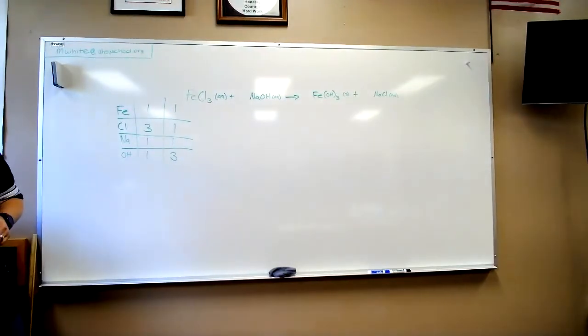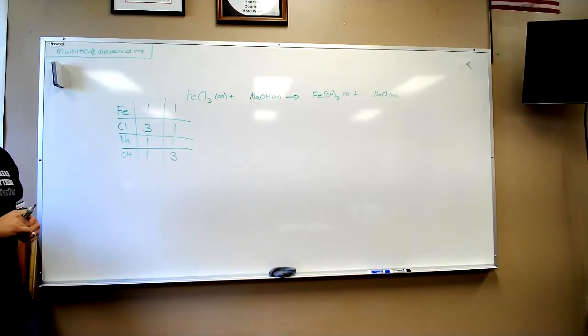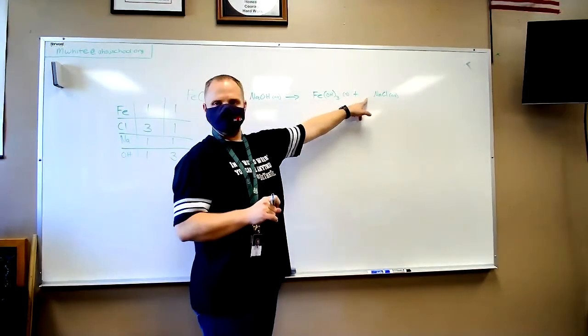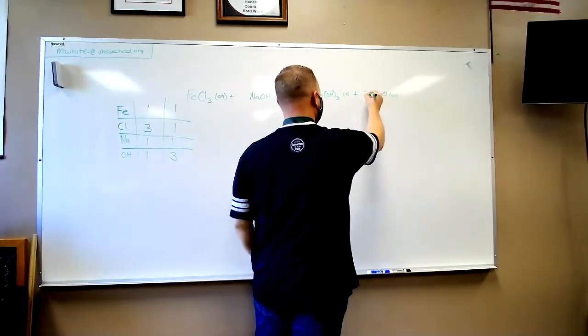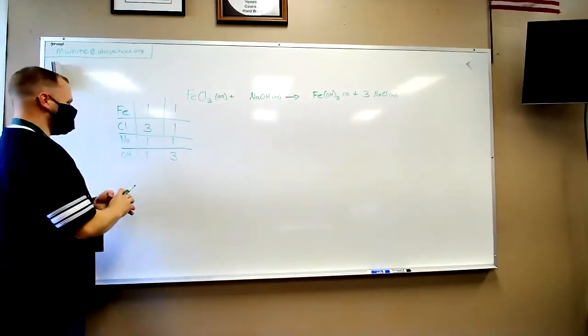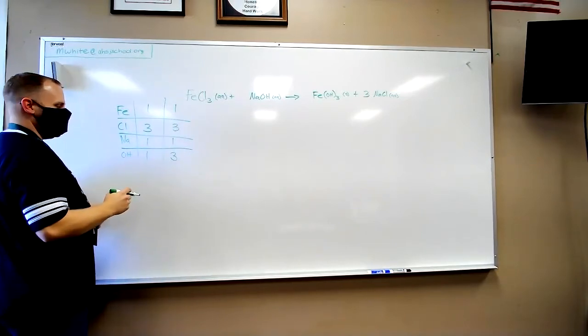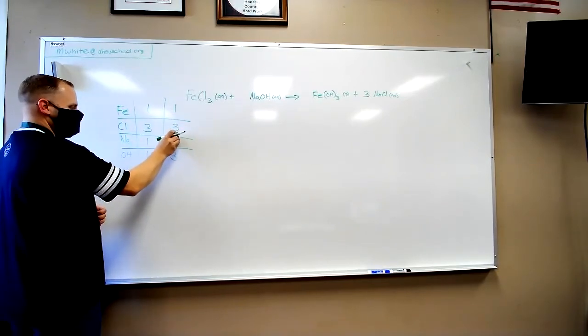Well, where do we want to start? Chlorine. Okay. What should we do to balance it? 3. Put 3 right here. So that changes our chlorine to a 3, but it changes our sodium as well.